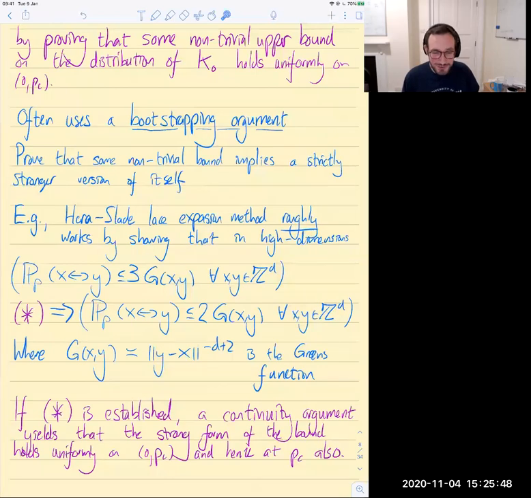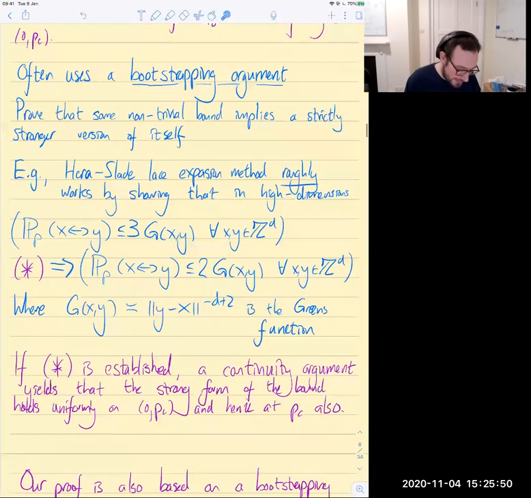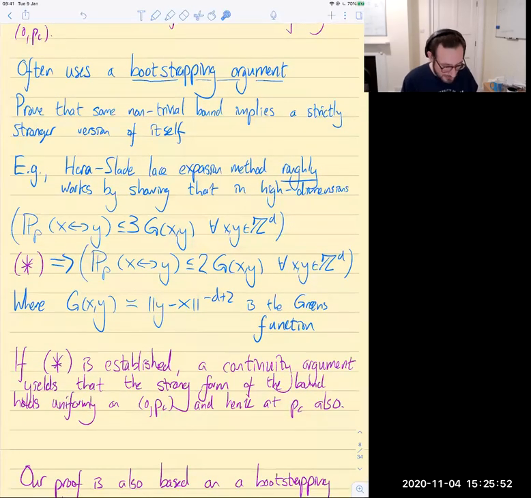So the classic example of this is the lace expansion. And this isn't really how the lace expansion for percolation works, although it is basically how the lace expansion for the weakly self-avoiding walk works.